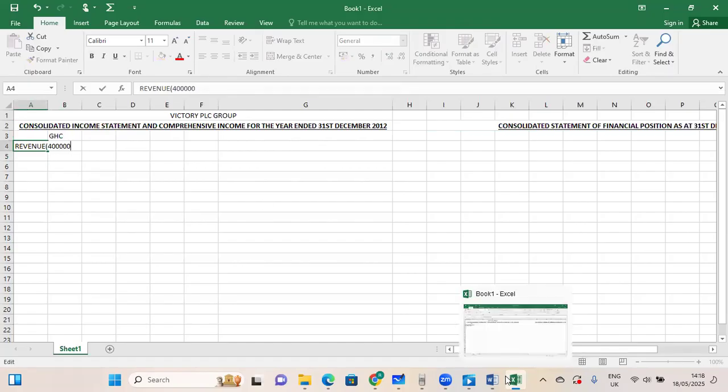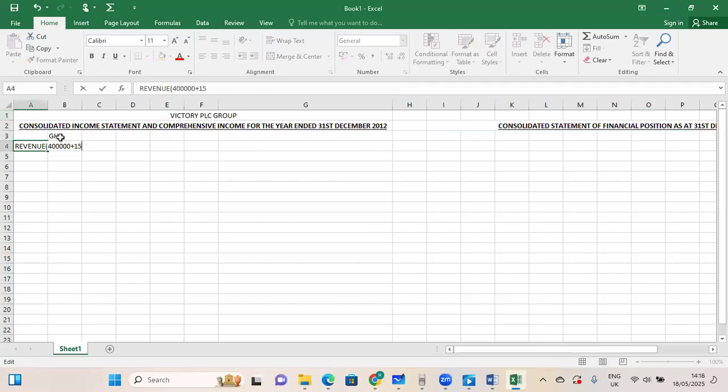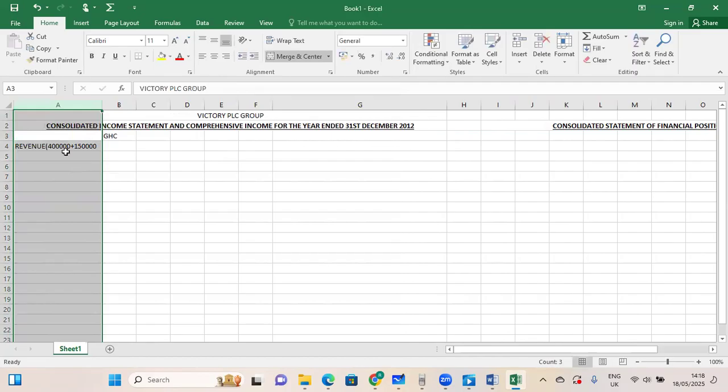Then plus you take the subsidiary's, Happy, 150,000. Come and put it here. Normally, this is how it is presented. The parent will be first, subsidiary will be second, and then associate will be third, right? So with just these two, you have two ticks.